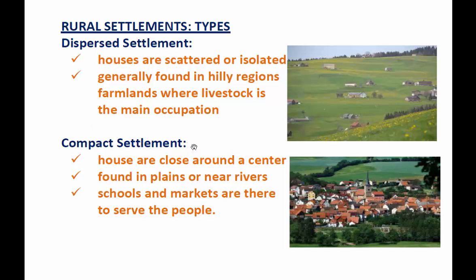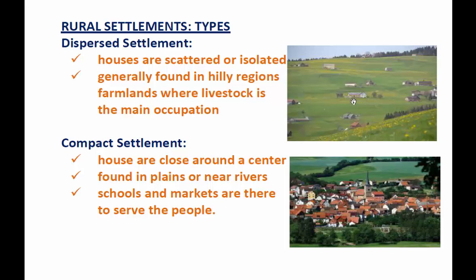From this picture you can see the houses that have been scattered or isolated from one house to another. This is what we call dispersed settlement. Generally these types of dispersed settlement are found in the hilly regions, or in farmlands where cattle rearing or livestock is the main occupation of the people.